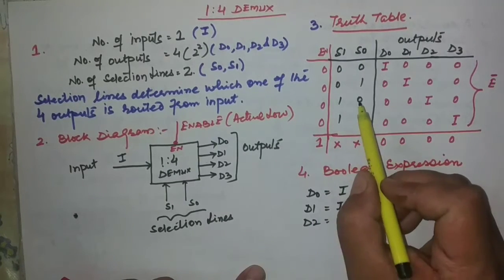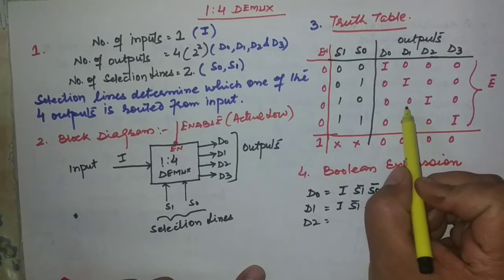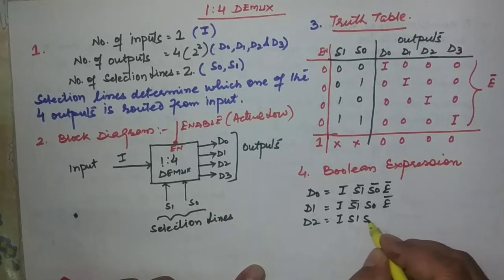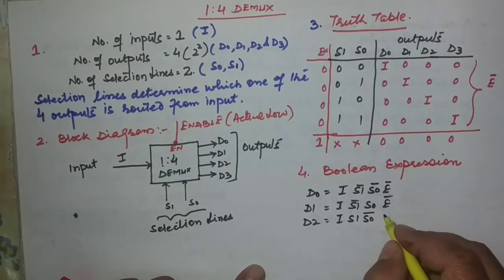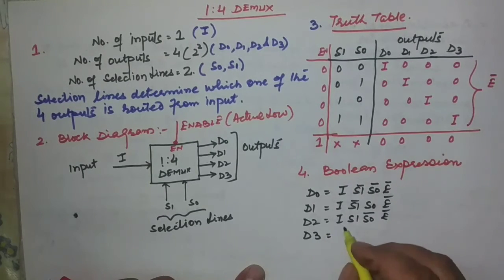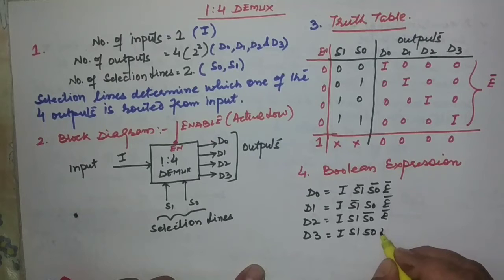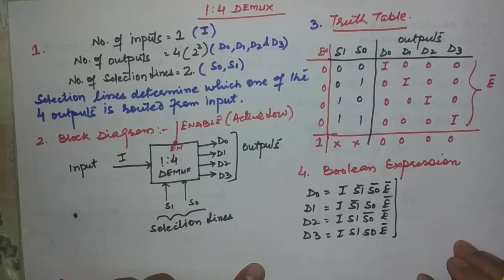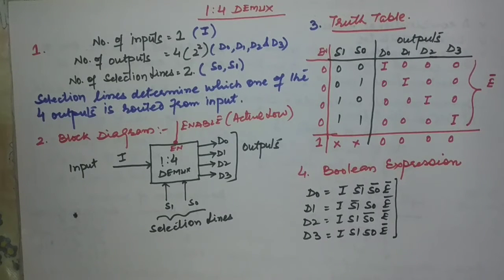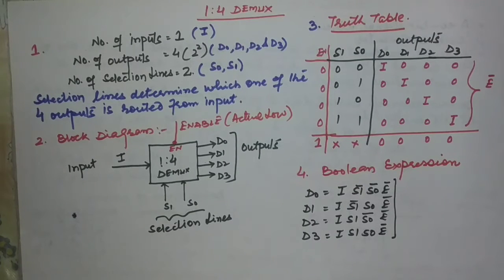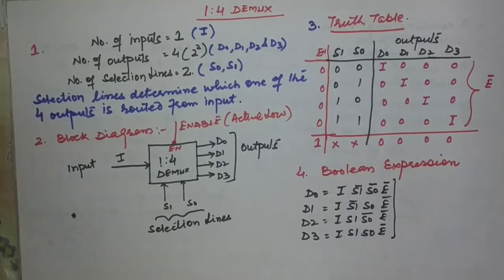For D2, I is the input, S1, S0 complement and E complement. And for D3, I is the input, S1, S0 and E complement. So these are the Boolean expressions for the 1 to 4 demultiplexer, and based upon them we will draw the circuit.